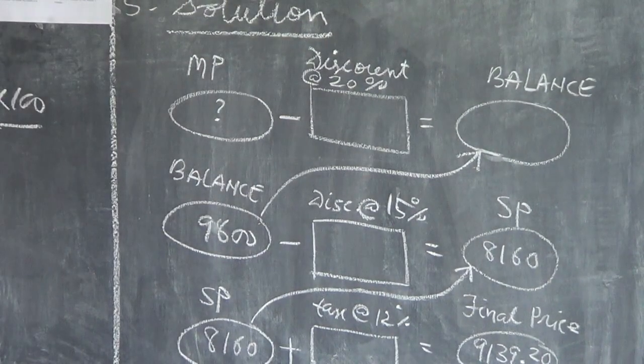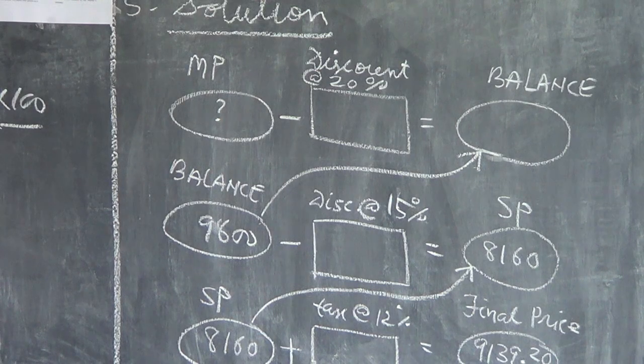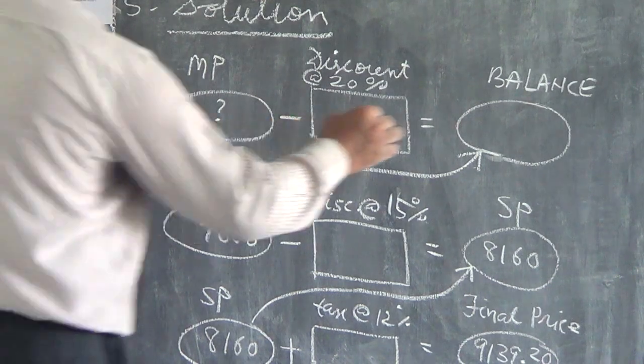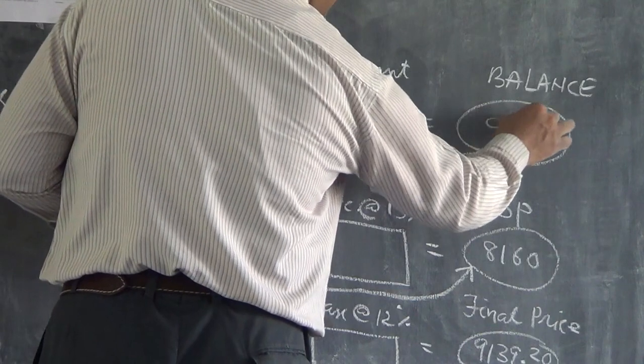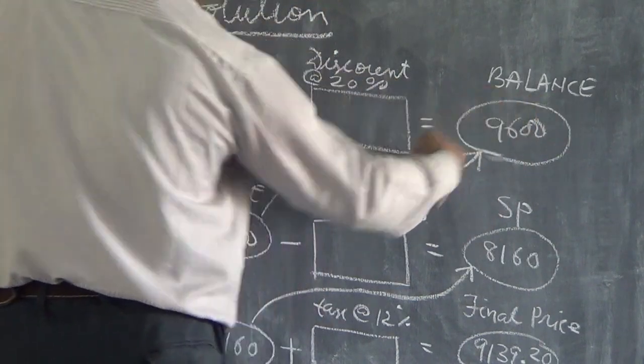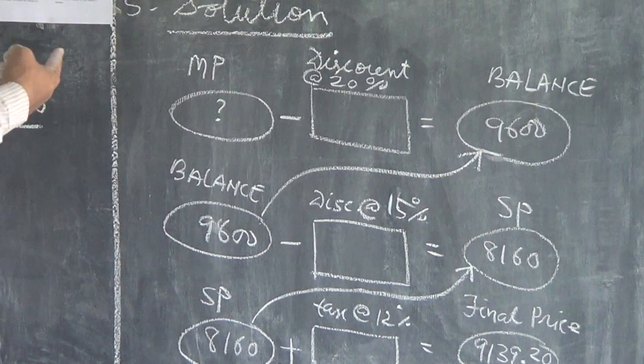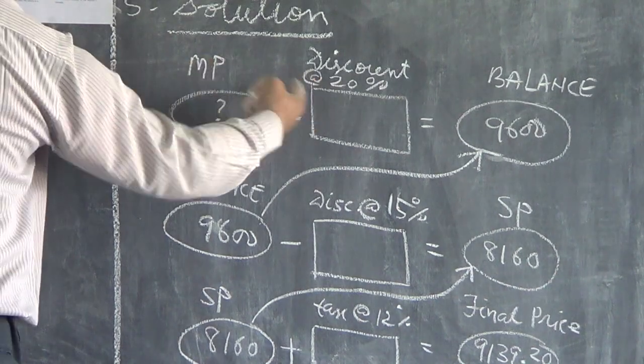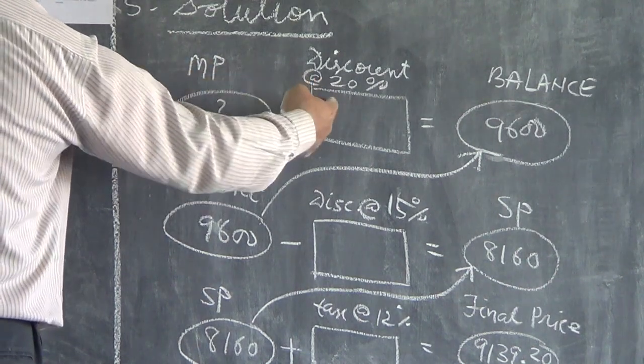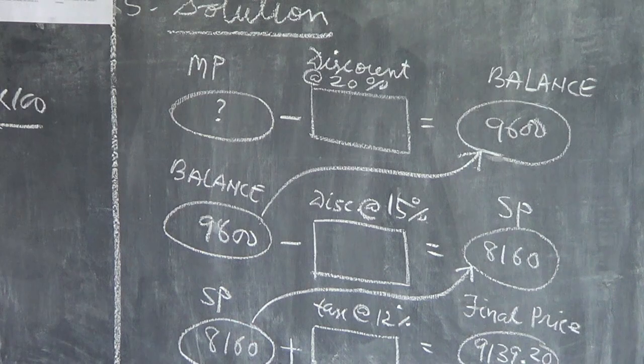You see, 9600 will flow here. Then what will happen? Here write 9600. Then MP minus 20% of MP equal to 9600.